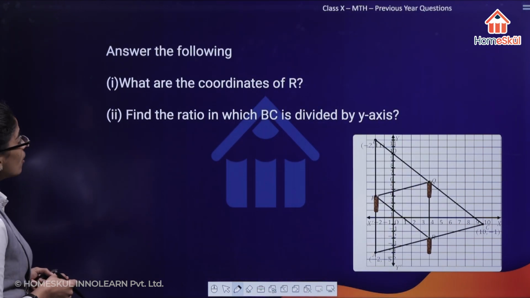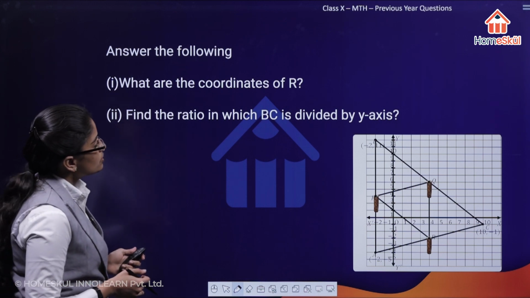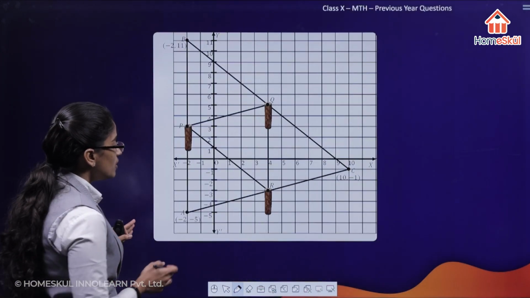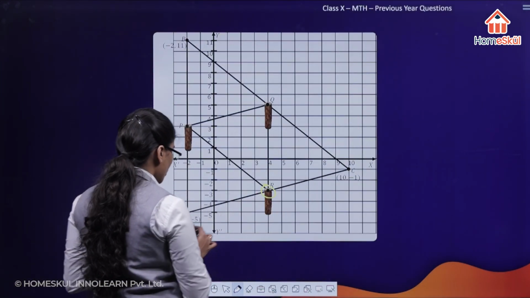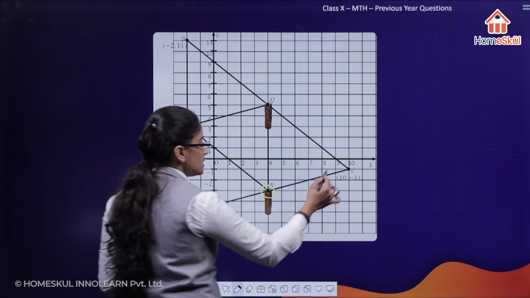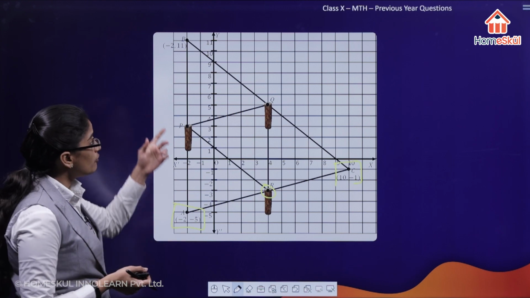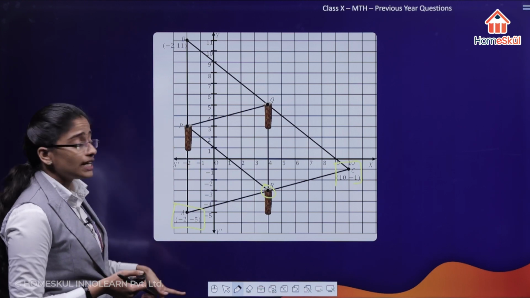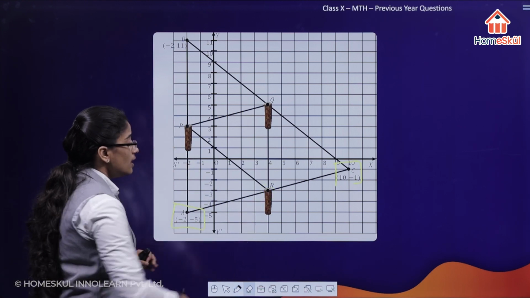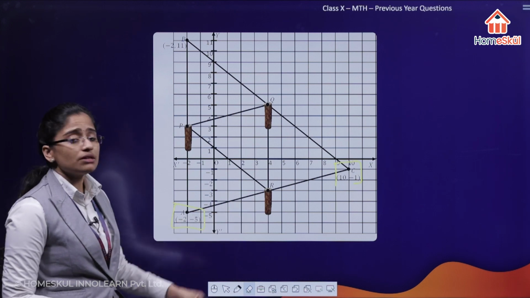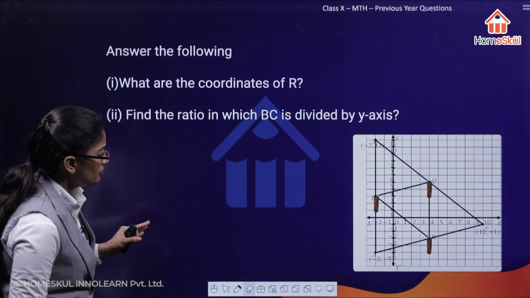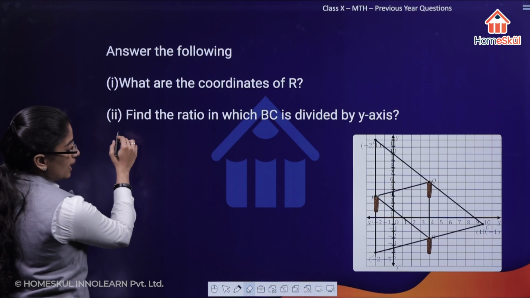We need to find out the coordinates of R. We know that R is the midpoint of A and C, isn't it? It's already given that PQR are midpoints of AB, BC and AC respectively. So, to find out the coordinates of R, we will use the midpoint. What are the coordinates of A?